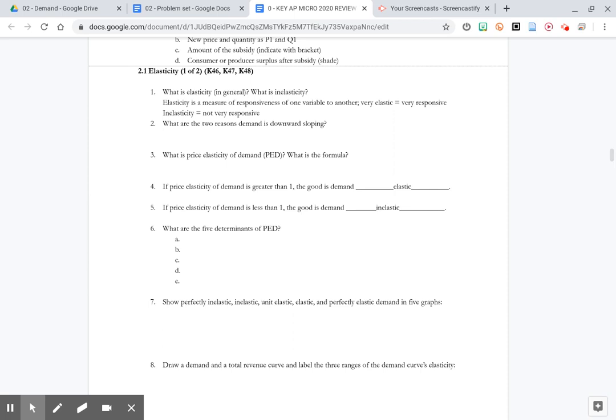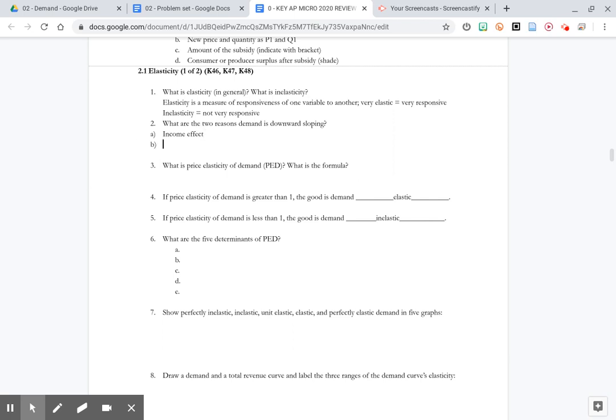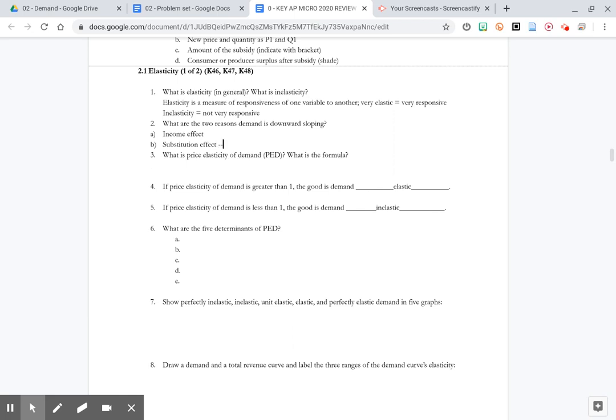Then we have a question that relates to demand rather than elasticity, and it's just kind of stuck in here. It's called the reasons why demand's downward sloping, and there's 2. They're called the income effect and the substitution effect. In general, as P increases, people substitute other goods, so QD decreases.